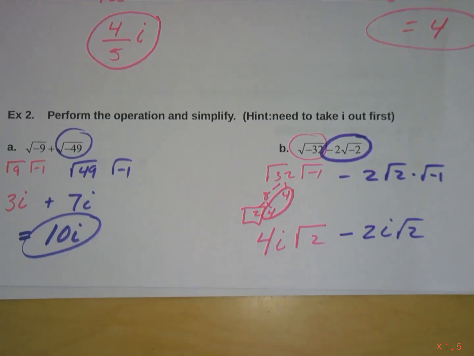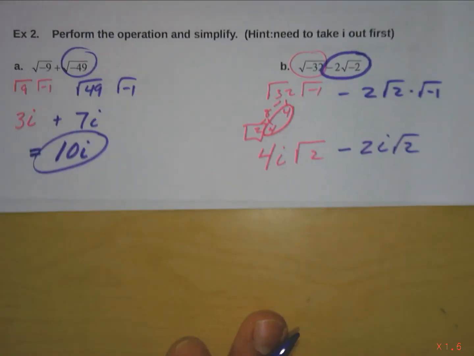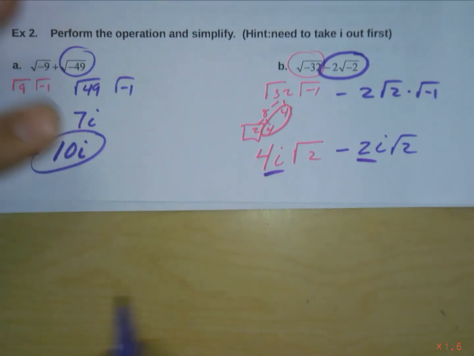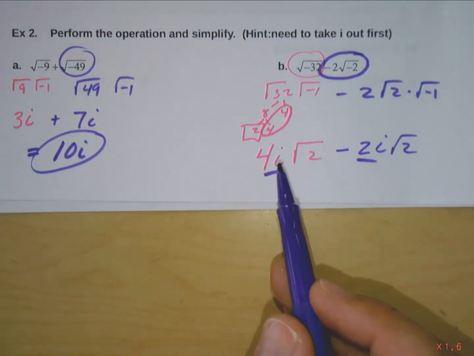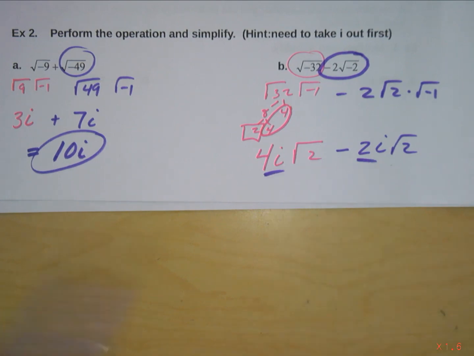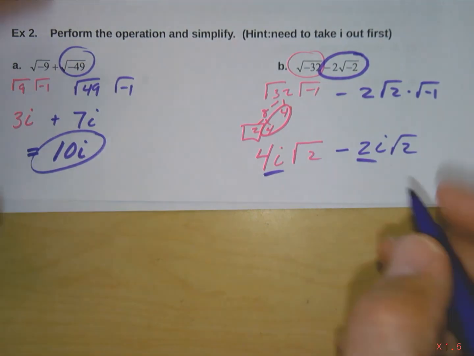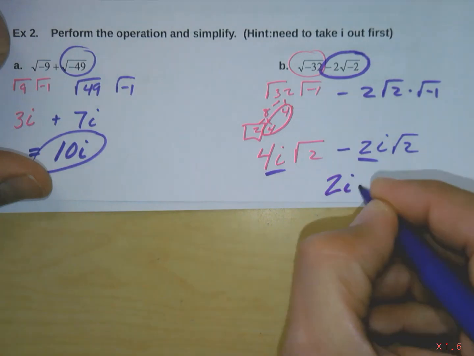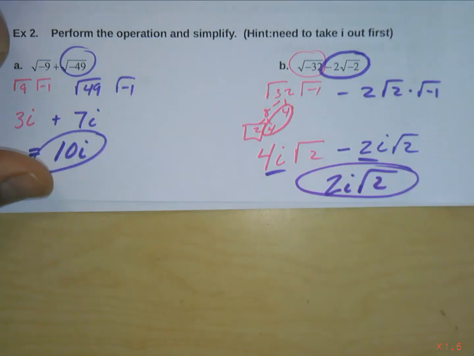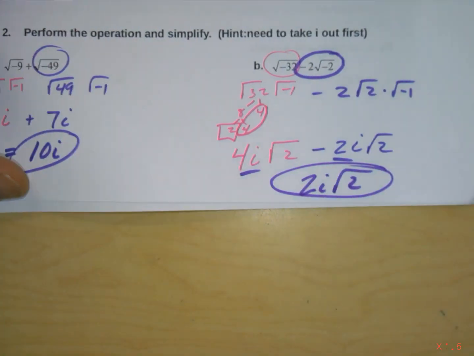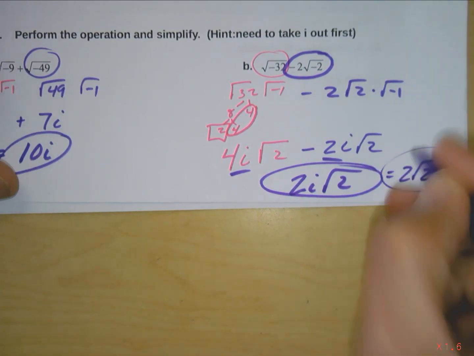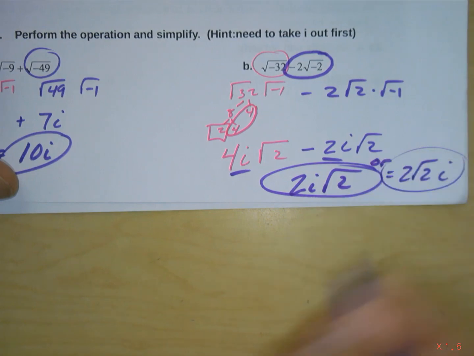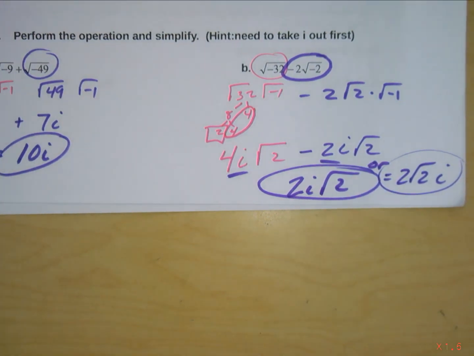And we talked about when we're adding and subtracting roots, you're just adding and subtracting the numbers in front of like roots. I have root 2s here. So take the 4i and the negative 2i and combine them. So 4i minus 2i is just 2i and then root 2. Some people like to write it like this, 2 root 2 i. Either is fine by me. I like this way, I think it looks nicer: 2i root 2.